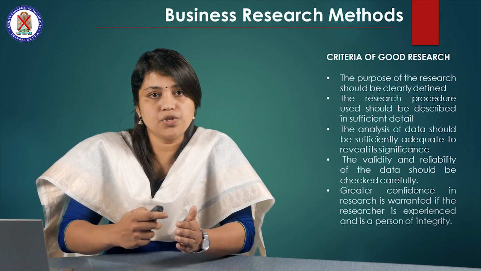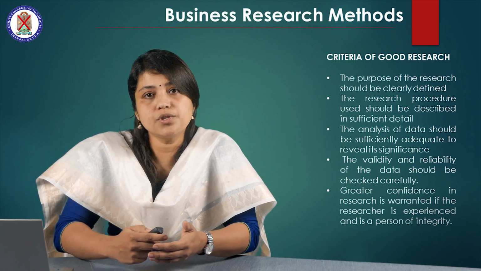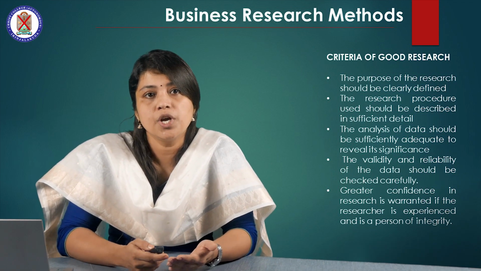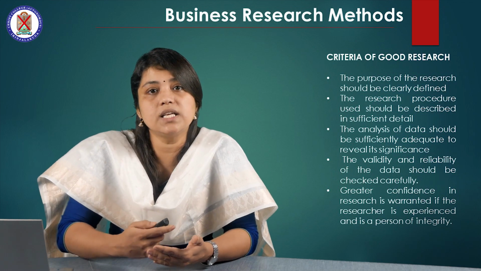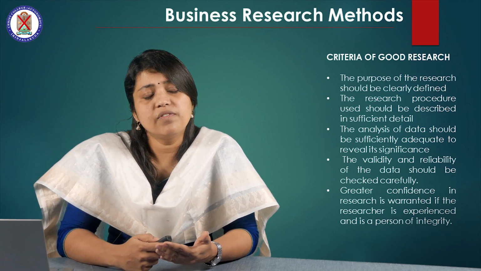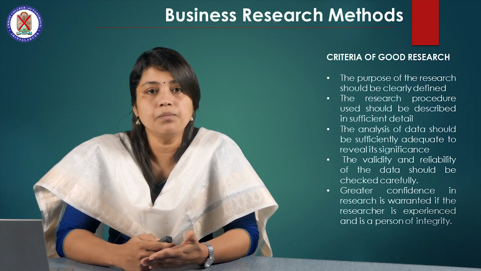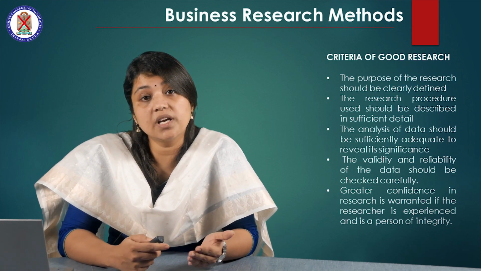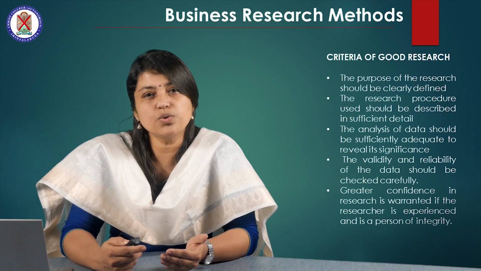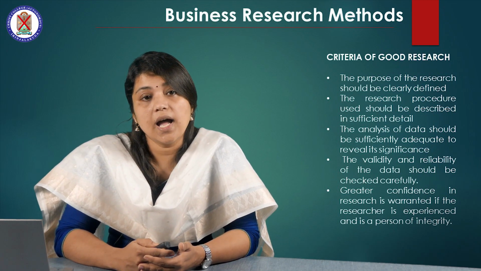That means the procedure that we are adopting in a research should be described in sufficient detail, and the procedural design of the research should be carefully planned to yield results that are as objective as possible. Secondly, the validity and reliability of data should be checked very carefully, and the conclusion should be confined to those justified by the data of the research and limited to those for which the data provides an adequate basis.